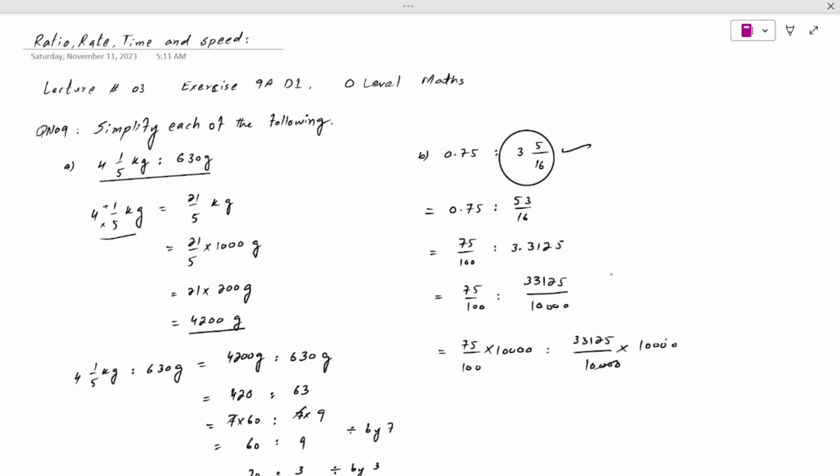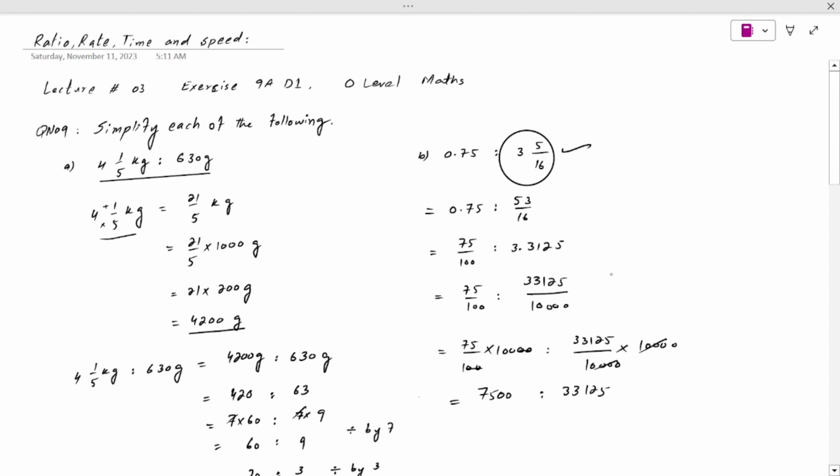We can cancel 10,000 over here, and two zeros from here. Multiplying 75 by 100, we get 7,500 ratio 33,125.